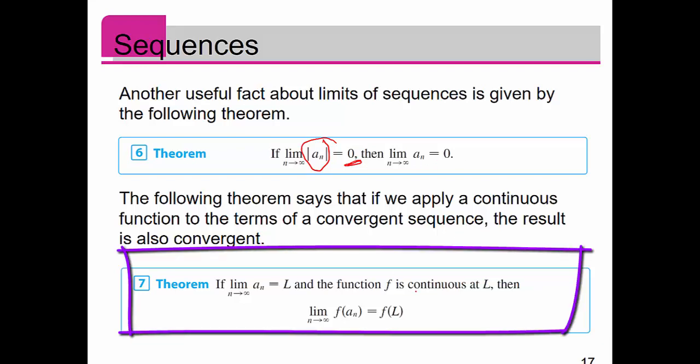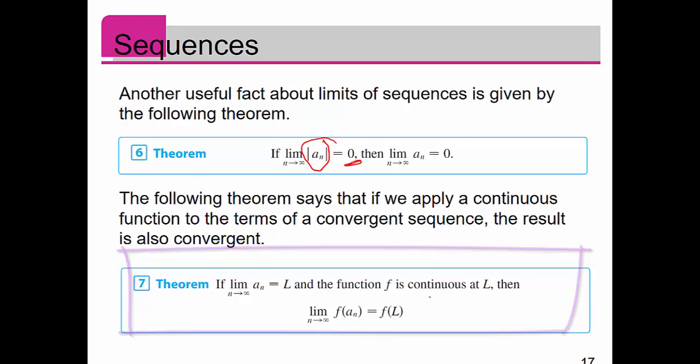And then this theorem is a nice one. It's a version of what we saw with raising to a power, but it says if we have a sequence and we know its limit, and we know a function that's continuous at the value of the limit of that sequence, then it's perfectly fine, instead of taking the limit of f of a sub n, to take the limit of a sub n, and then we know the limit is f of that.